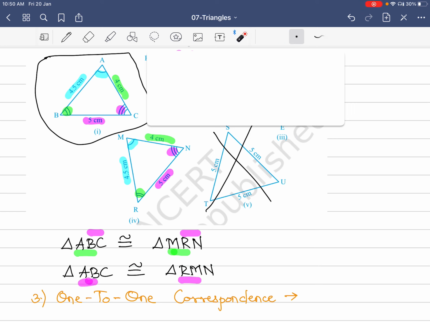Is that the case? AB, which is 4.5, is it congruent to RM? Oh, AB and RM gets satisfied. Okay, but something will not get satisfied: BC and MN. BC is 5 and MN is 4.